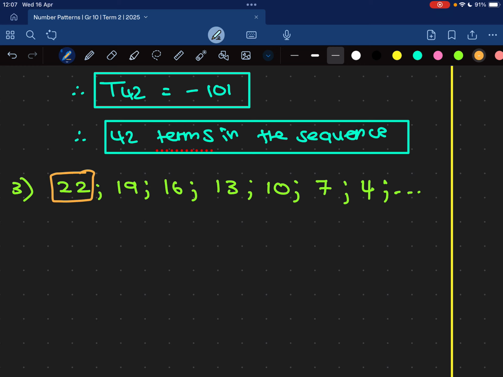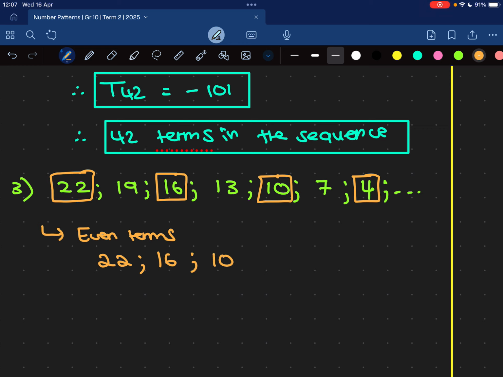So there's 22, 16, 10, 4, and so it continues. So we're going to make a new number pattern using the even terms. So we have 22, 16, 10, 4, and so it continues.